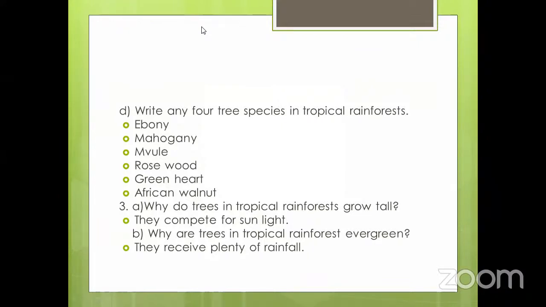Susan? Why are these trees evergreen? The answer is already there. Ruth? Yes, teacher. Why are trees in tropical rainforest evergreen?